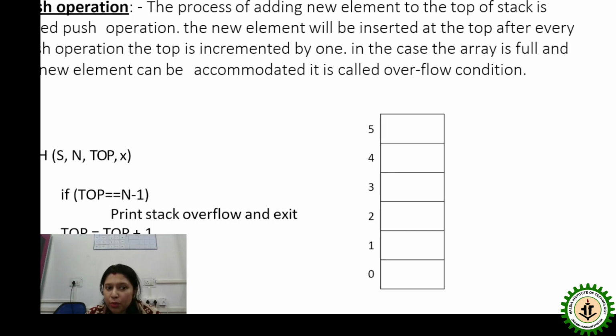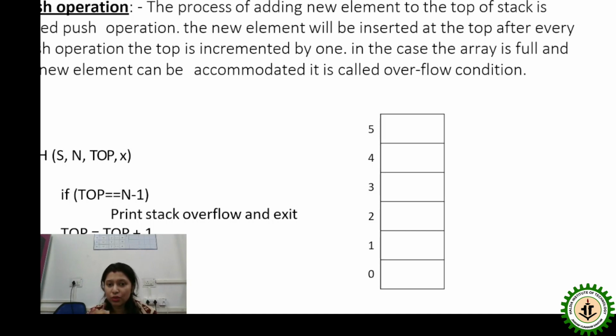After every push operation, the top is incremented by 1, and in case the array is full, it is called overflow condition. If the size of the array is n and the value of top is n-1, then it is called overflow condition. n and n-1 differ because when we start the index from 0, let's assume the size of the array is 6.